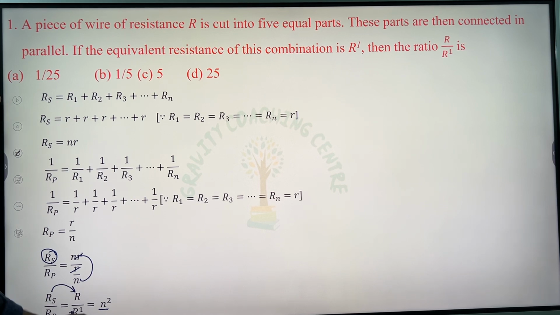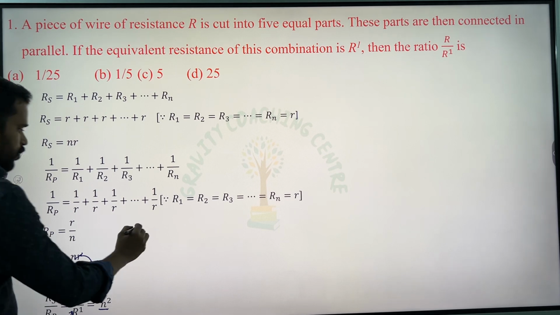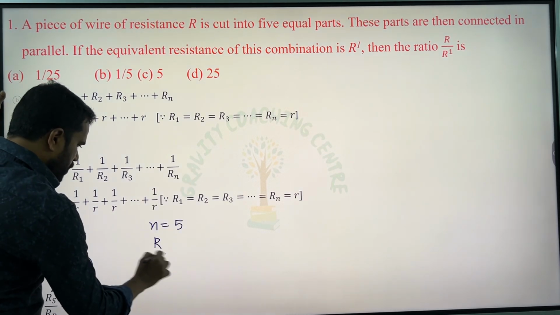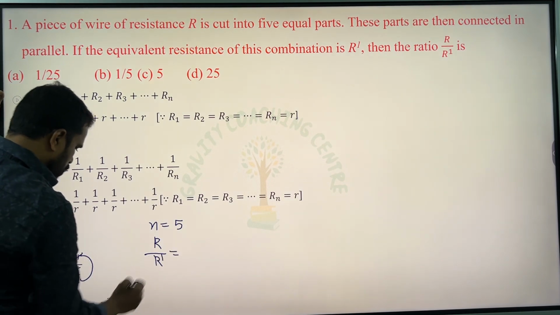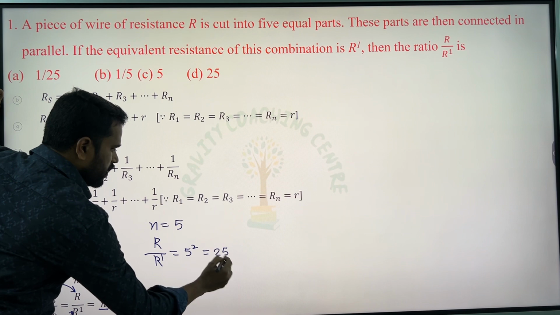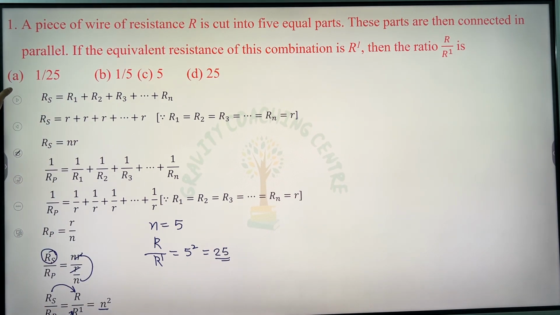So R by R dash is n square. Put n equal to 5. You get R by R dash is equals to 5 square, that is 25. Our answer is 25. This is the first question.